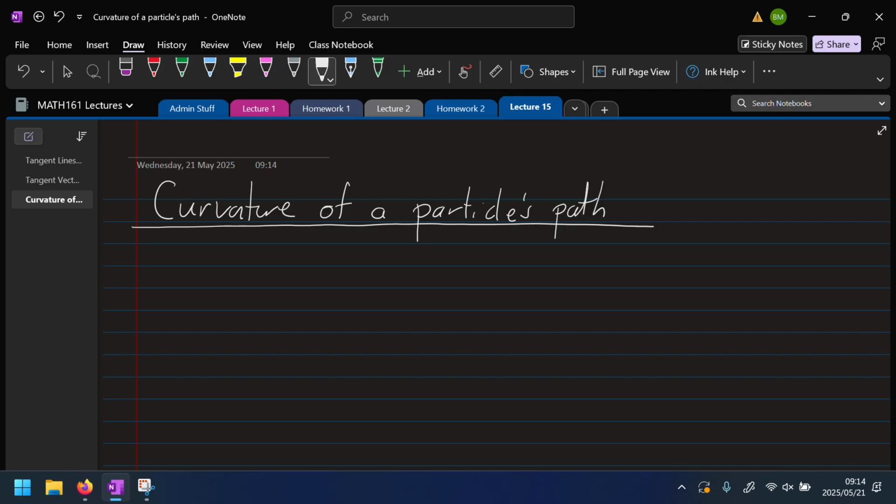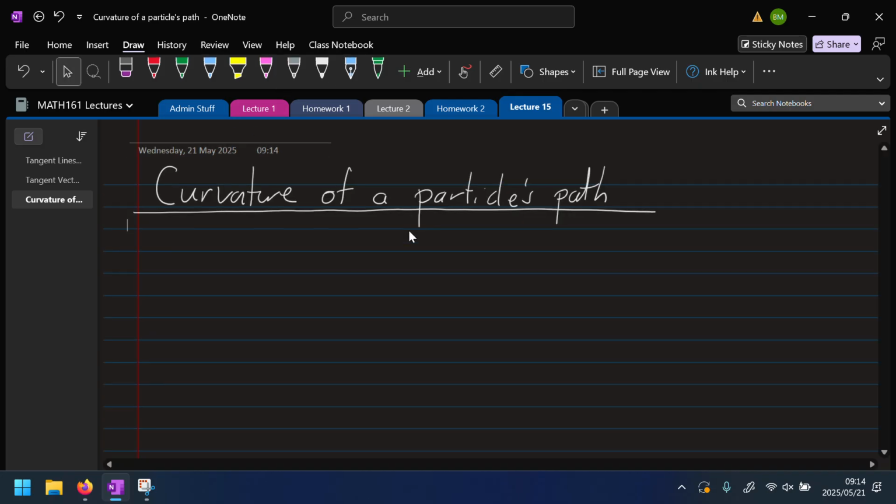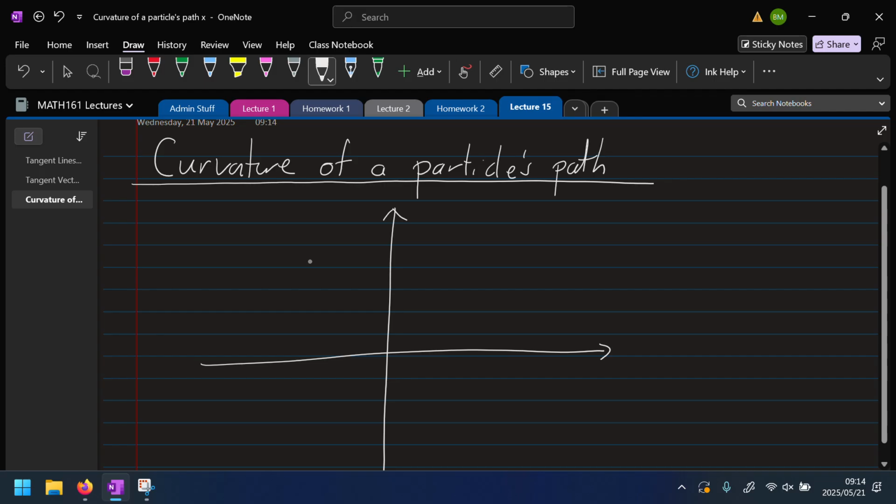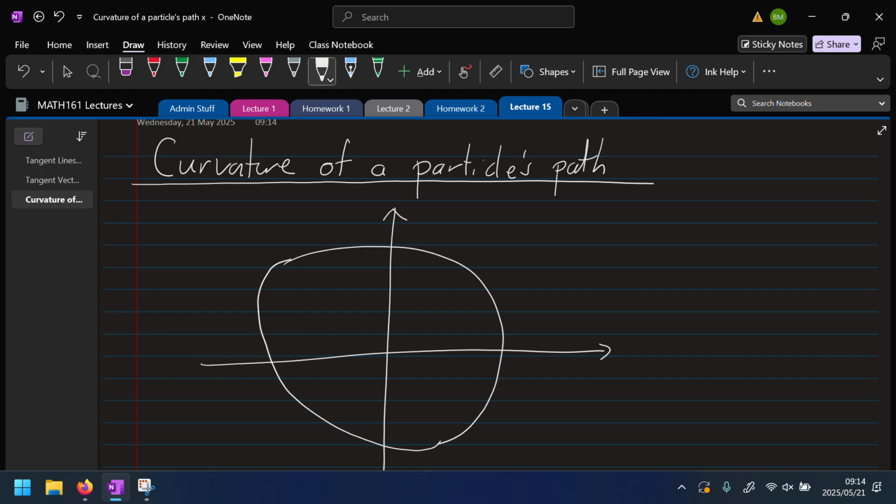Like if you have the magnetic field and the particle makes a little loop with some curvature, did you cover that? Maybe. So let's say we've got the motion of a particle like we had before. Maybe it's doing a loop, it doesn't have to be a loop. But what we're interested in is, at some point, what is the curvature of that path?